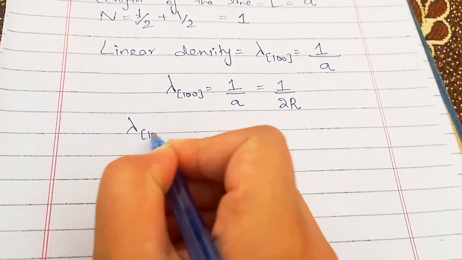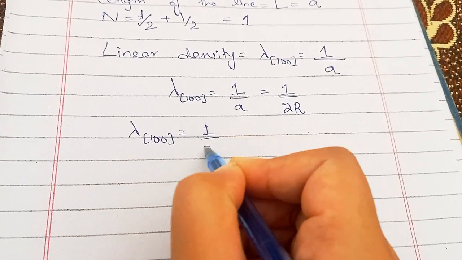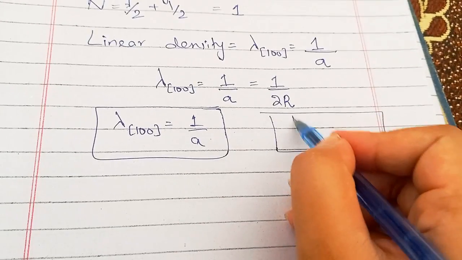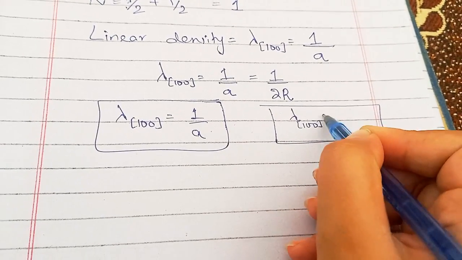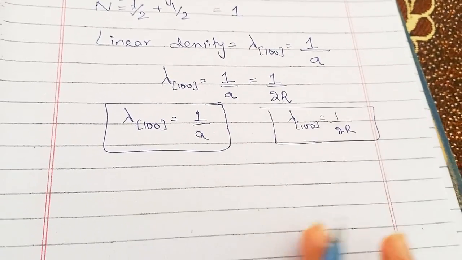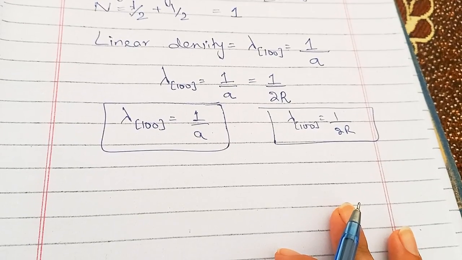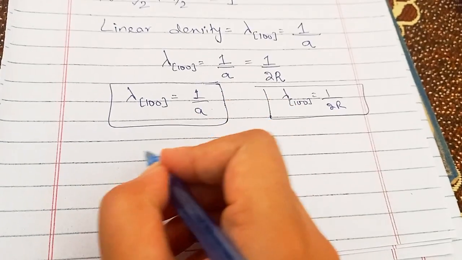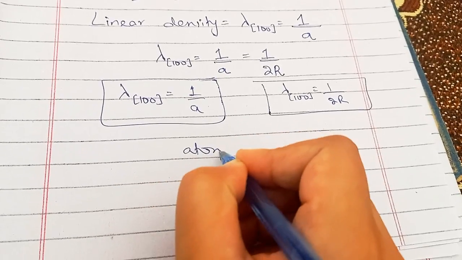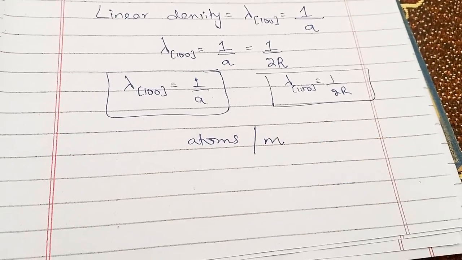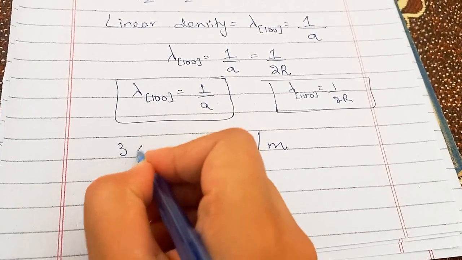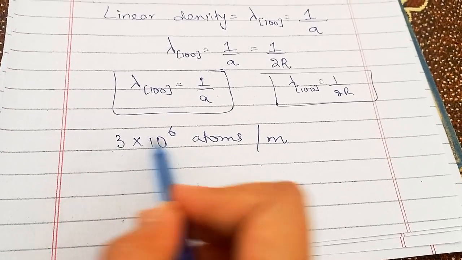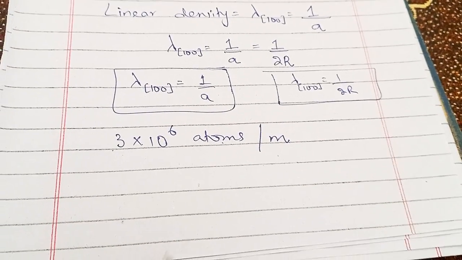Sometimes for numericals you need to know the linear density in terms of atomic radius or whatever it is. So this is the final result for the linear density of the 100 direction, and its units are atoms per meter. For example, the result you get is 3 multiplied by 10 to the power 6, so its unit will be atoms per meter.